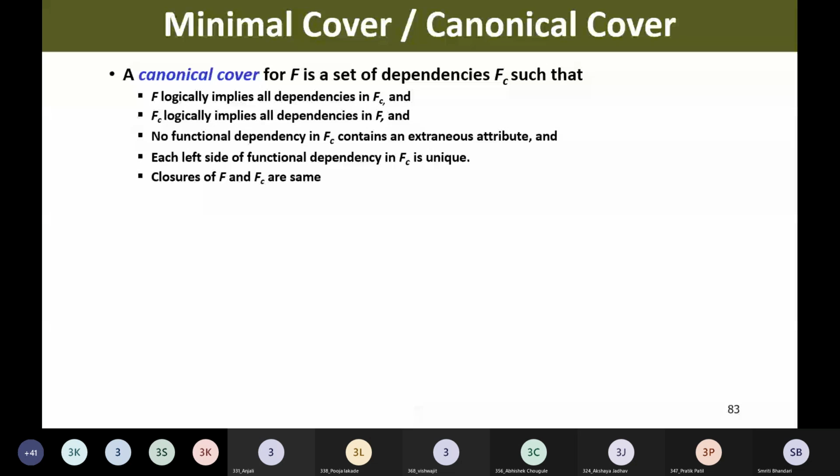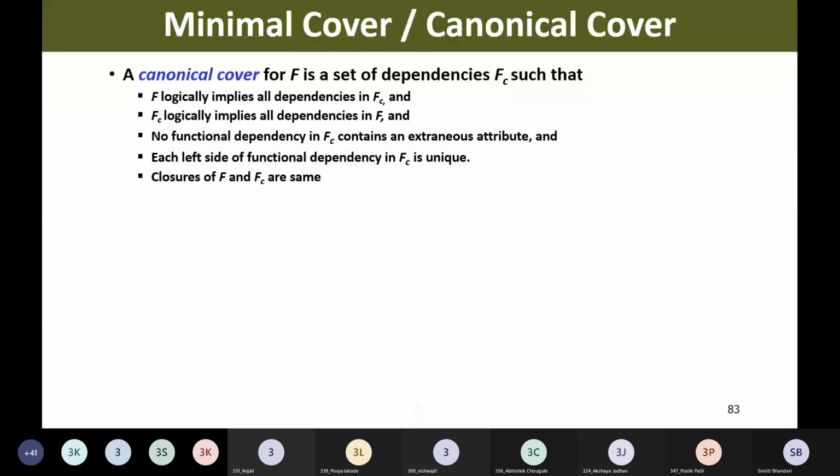Please take down this definition of canonical cover. A canonical cover for F is a set of dependencies Fc such that F logically implies all dependencies in Fc and Fc logically implies all dependencies in F. No functional dependency in Fc contains an extraneous attribute, each left side of a functional dependency in Fc is unique, and obviously closures of F and Fc are the same.